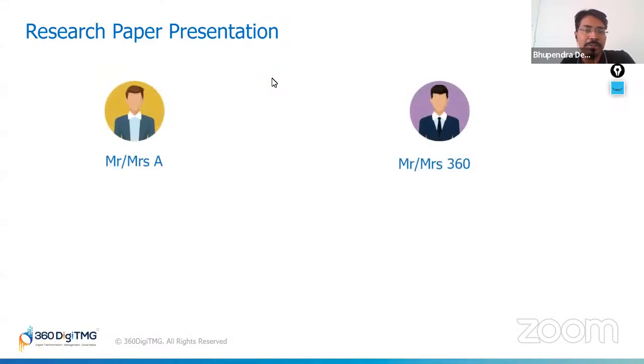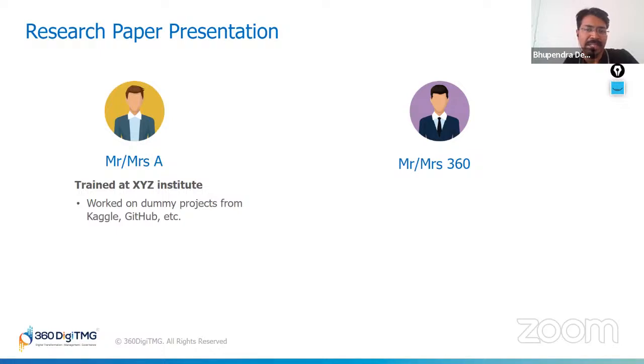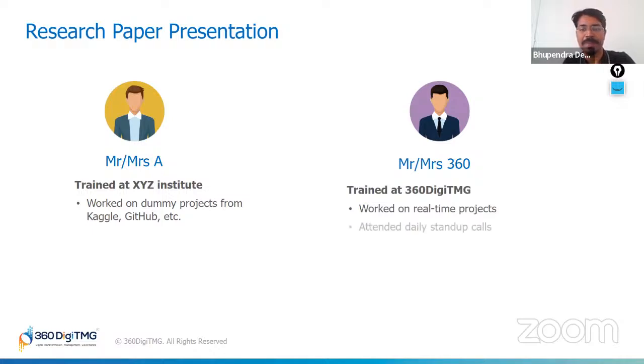So first of all, let's talk about a research paper that our students get published in an international journal. Now there is Mr. or Mrs. A, trained at XYZ Institute, who worked on dummy projects from Kaggle, GitHub, etc. And there's Mr. or Mrs. 360, trained at 360DigiTMG, who worked on real-time projects.